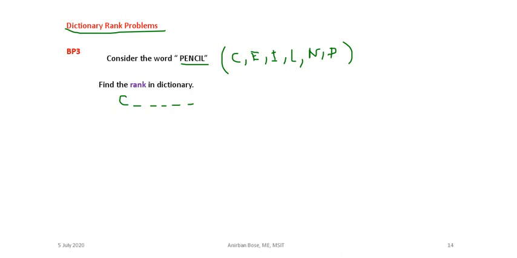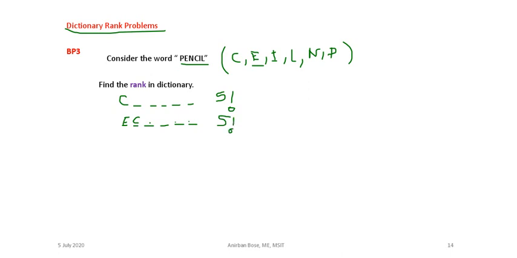All the words starting with C can be arranged in 5 factorial ways. Then the next starting letter will come, E, and then again it will start with E and all others, and these 5 again can be arranged in 5 factorial ways.